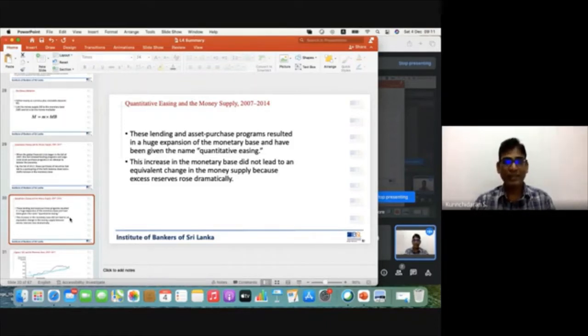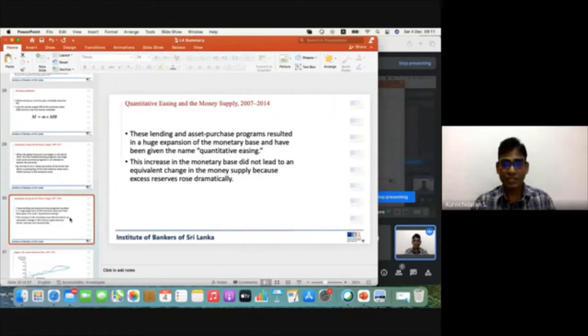Why? The lending and asset purchase program resulted in a huge expansion of the monetary base, right? When you say monetary base, it is the checkable deposits and currency, right?